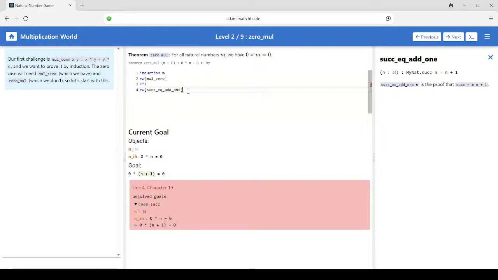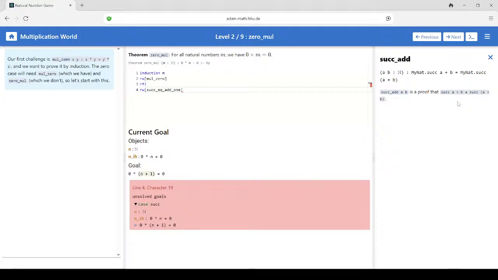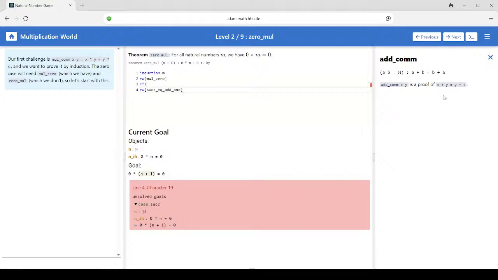Now what do? I want to get it to look like this so I can use the induction hypothesis to prove it. But how do I get this n plus 1 to just be n? Not that one. Oh wait, commutative maybe?